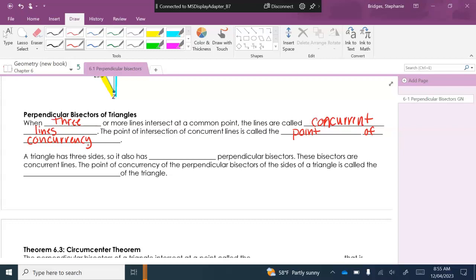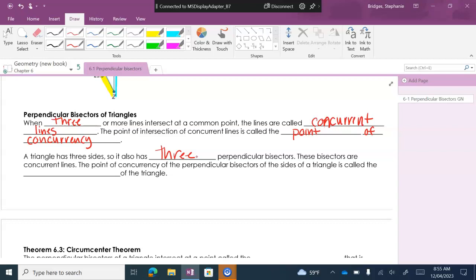So, how many sides does a triangle have? 3. And since it has 3 sides, it also has 3 perpendicular bisectors, because each side is going to have a perpendicular bisector. These bisectors are concurrent lines, which we just defined up top.